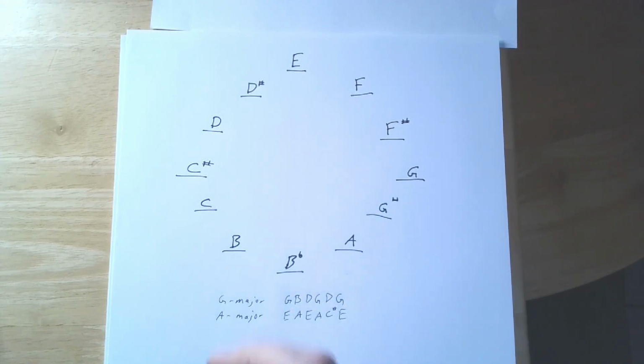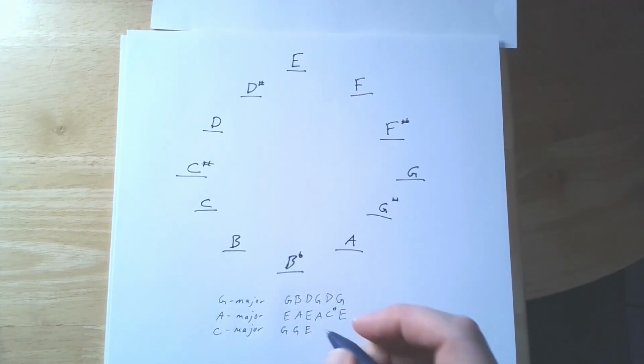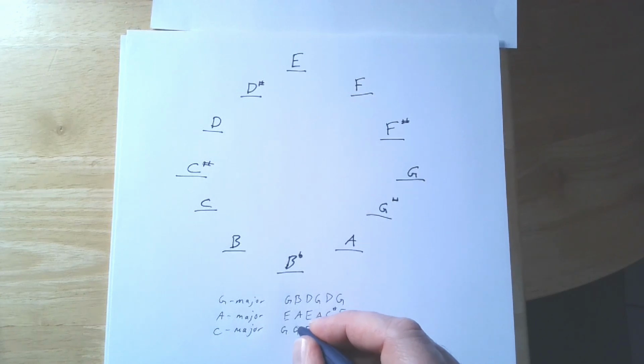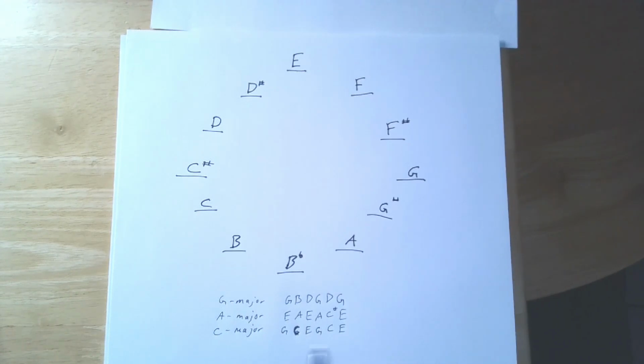Okay, C major is C, E, G, C, E. This time, this is a C, this is not a G. So we have G, C, E, G, C, E: 2 Gs, 2 Cs, and 2 Es.